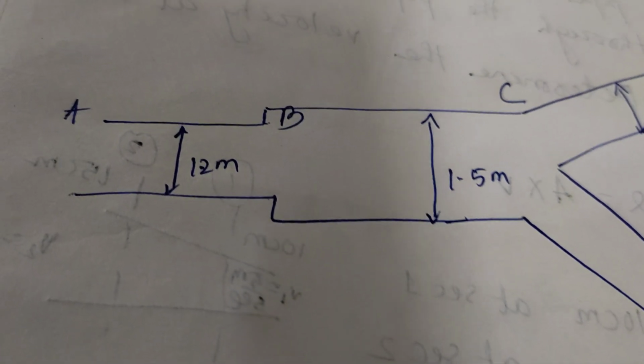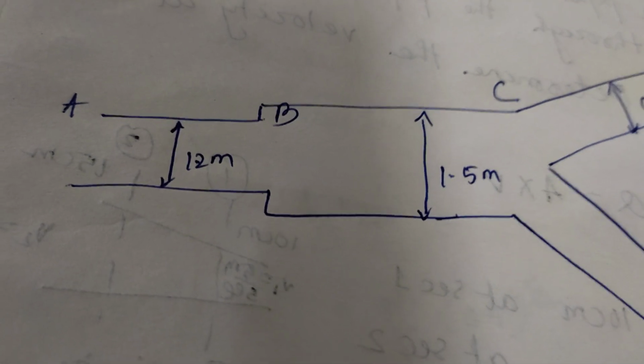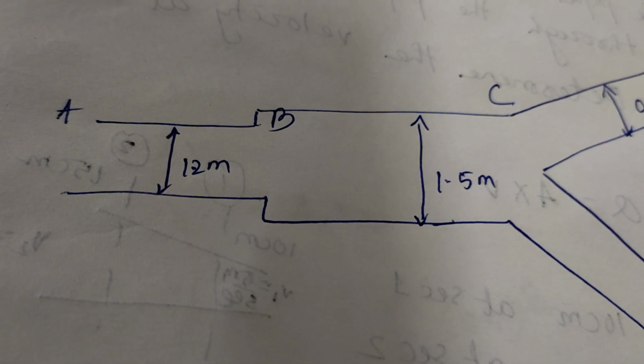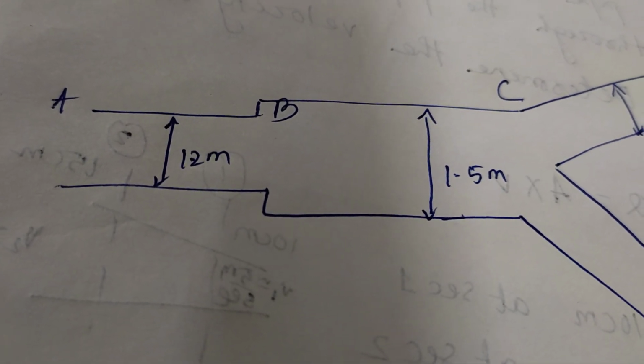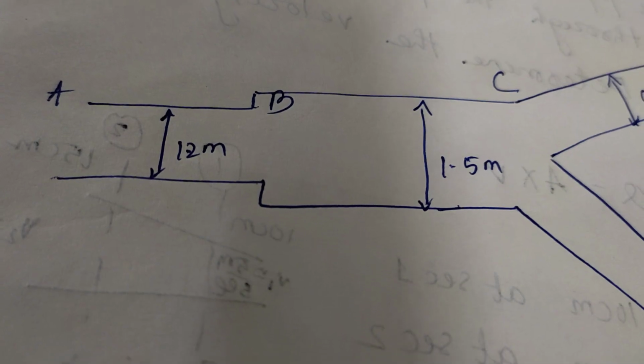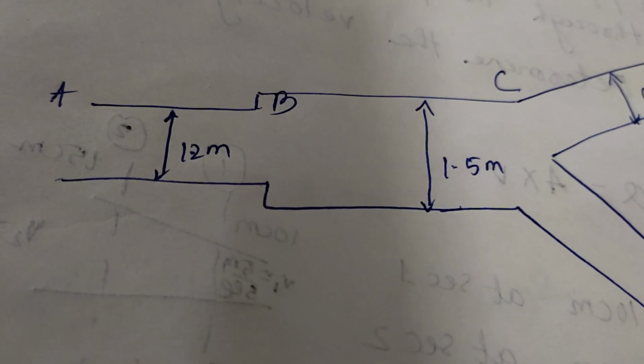Then the velocity of AB is 3 meter per second. Then diameter of BC is 1.5 meter.